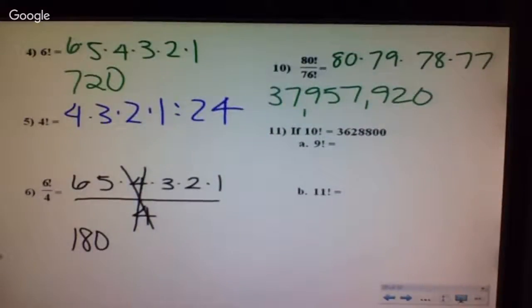All right, so let me show you this shortcut too. They give you the answer for 10 factorial. We want to go backwards and only get 9 factorial. Normally going forwards, we multiply, so going backwards, we're going to divide.